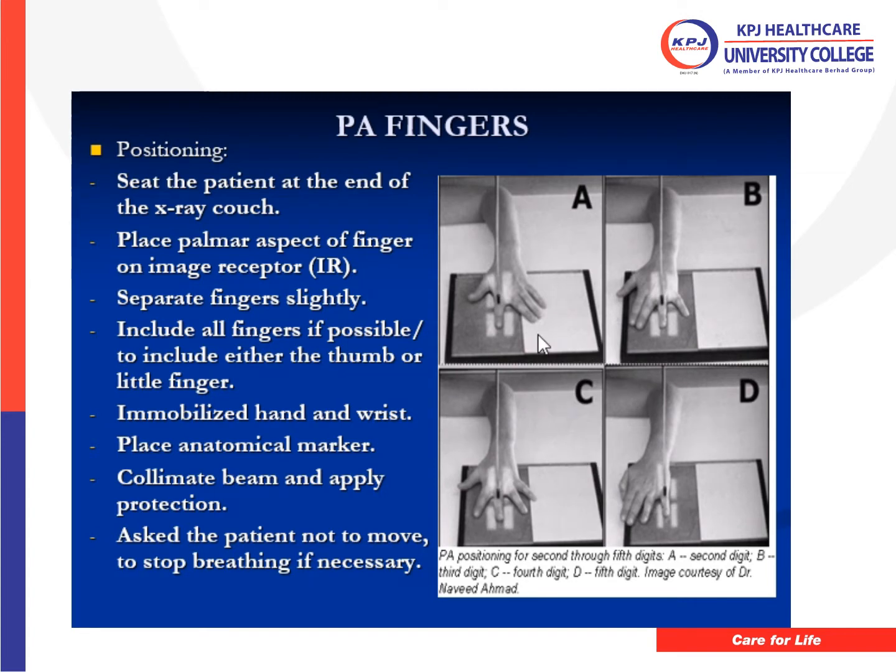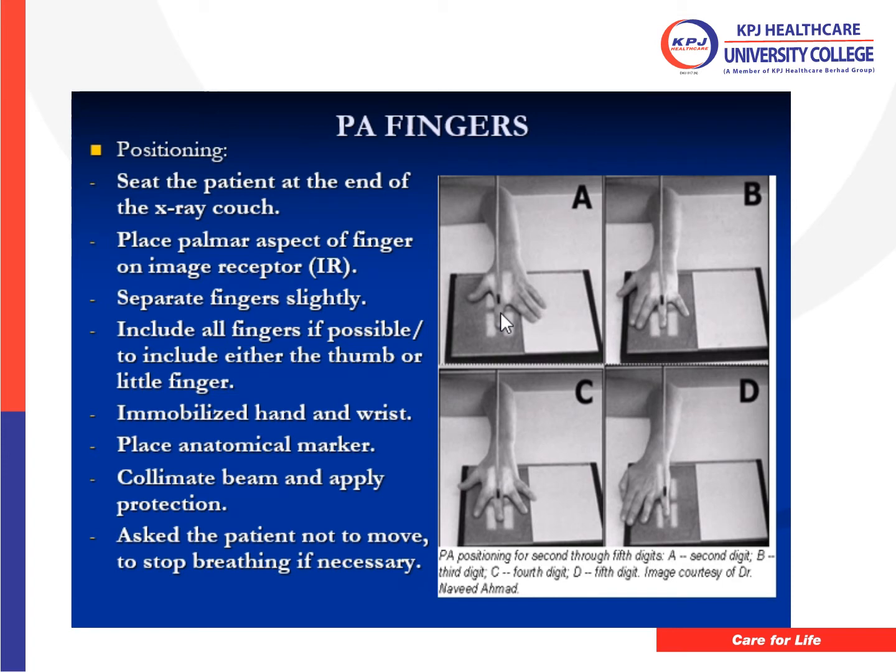So you can see here images A, B, C and D. These images project the phalanges of the fingers, either the second, the fourth, third and fifth, right? What can I see here? This is all the centering point. The crosshair is showing the centering point to be pointed. Can you remember that?